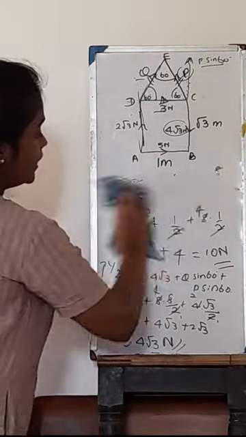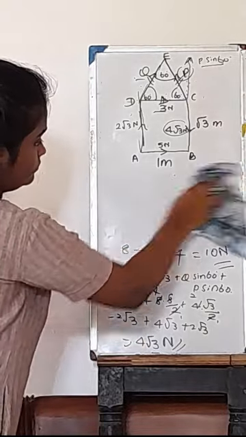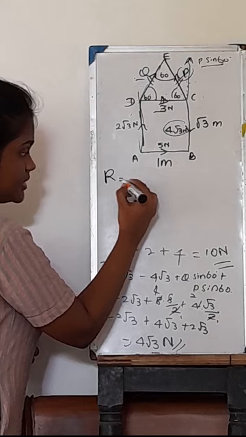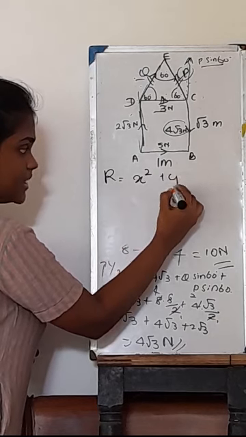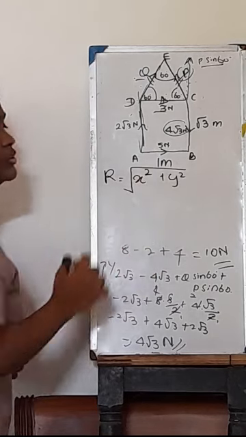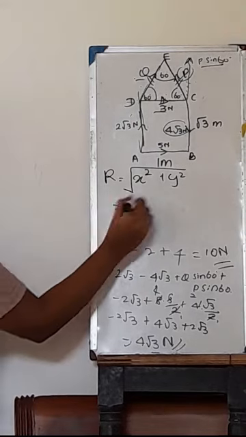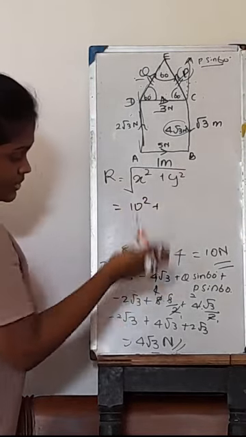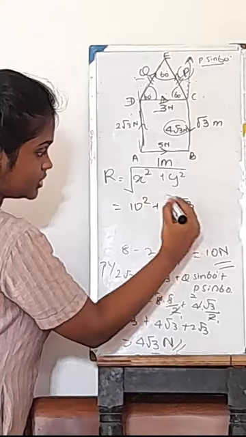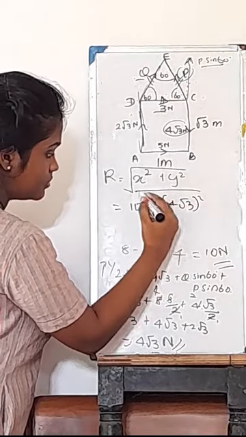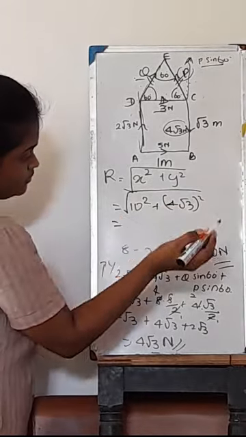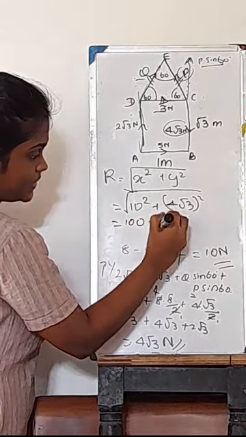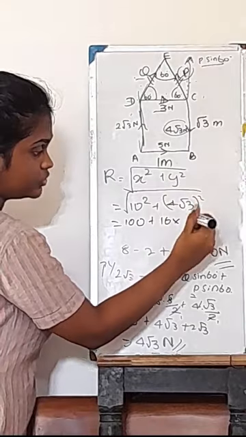So to find the resultant, it's the square root of x squared plus y squared. So what is x squared? 10 squared plus y, which is 4 root 3 newtons, whole thing squared, into square root. So it's 100 plus 4 squared is 16, root 3 into root 3 is 3.